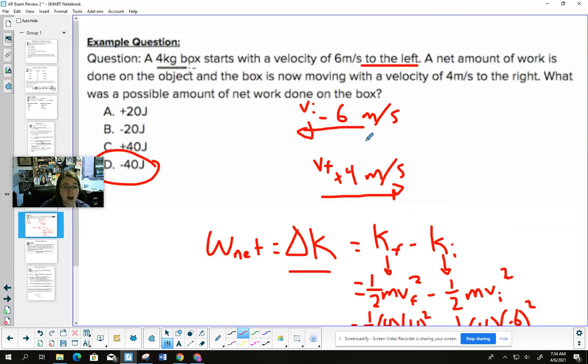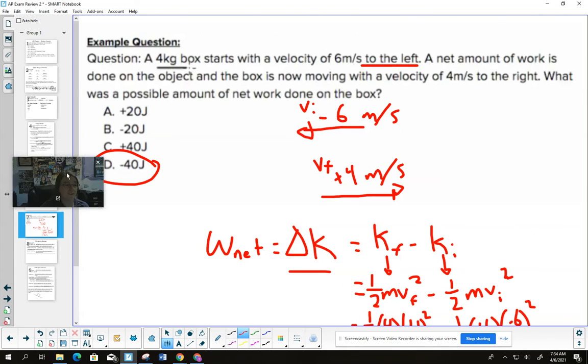That makes sense because we are changing direction from where we started. A negative work just tells us that we are changing direction. It doesn't necessarily tell us which direction, but a negative amount of work does tell us that we are changing direction.